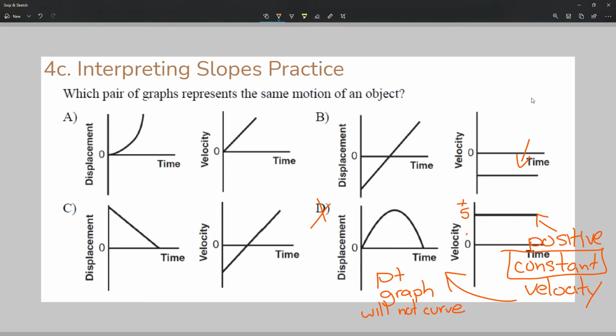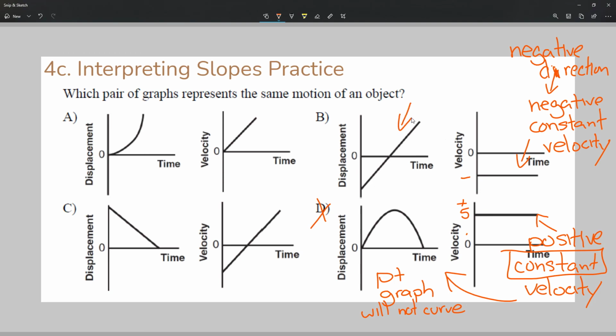Let's look at this. This is negative because it's below 0, right? It's negative constant velocity, right? Your velocity is not changing. That means you're traveling in the negative direction. But what is your position time graph saying?